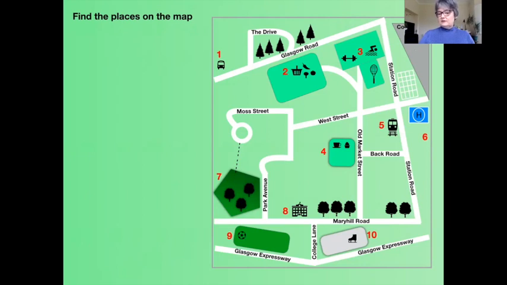Numbers 1 to 10. Okay, I'm going to show you some places now, and then I want you to match the correct number to the place. Let's have a look at the places first.